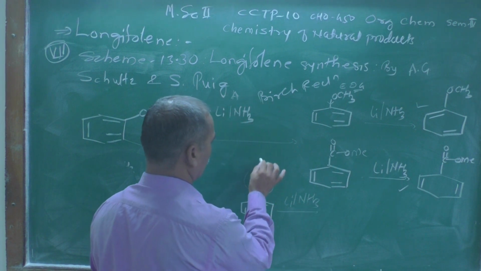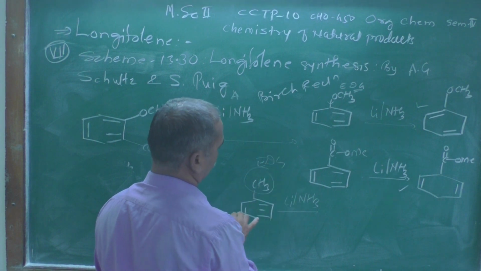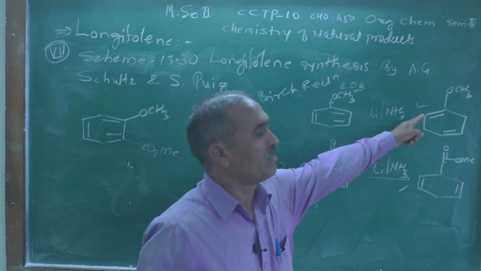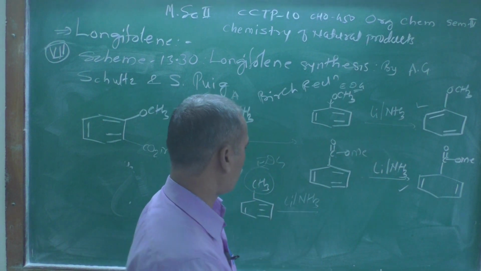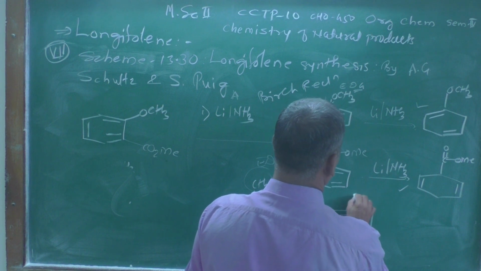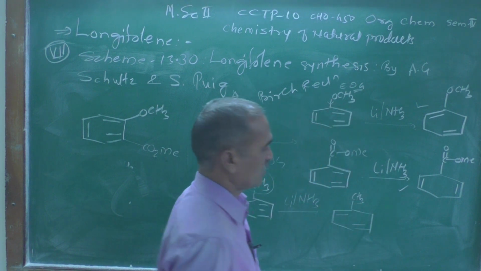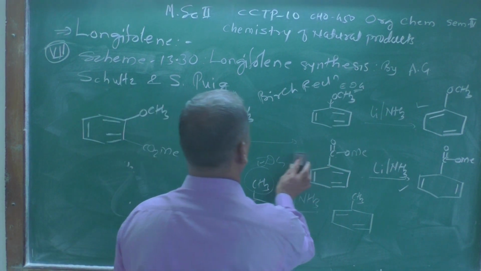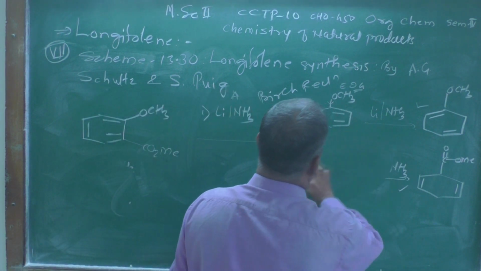Look here also, it is an electron donating group, and if electron donating, the product must be like this, so you can predict the product very easily. Here CH3 like this.